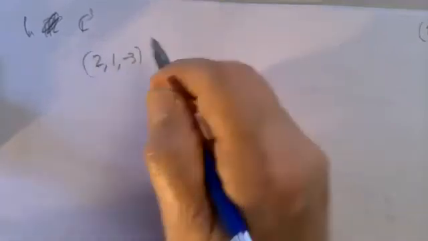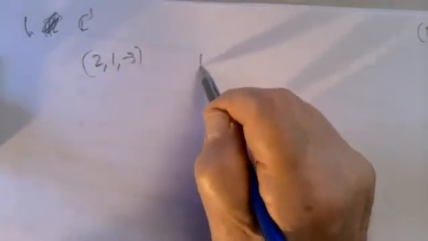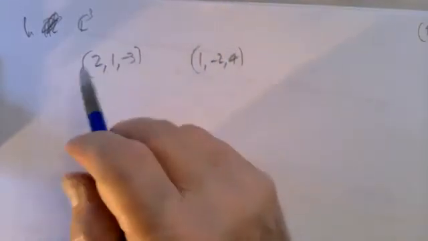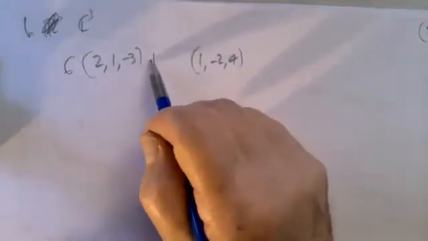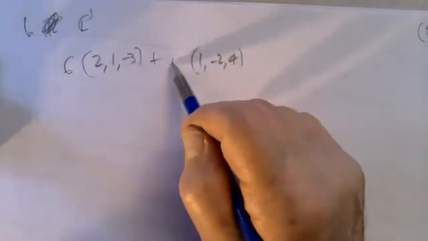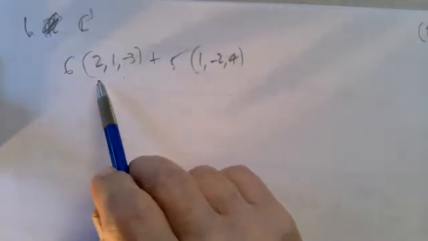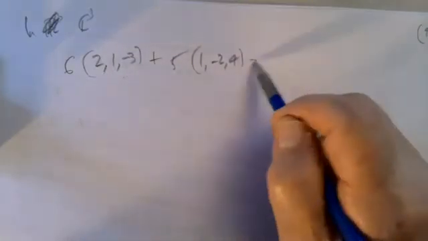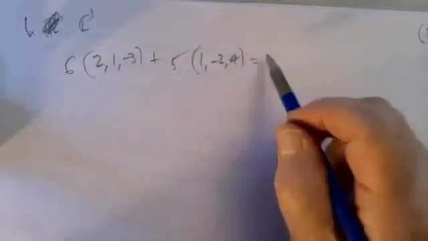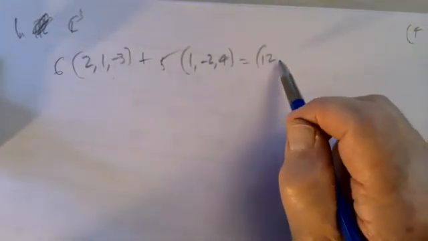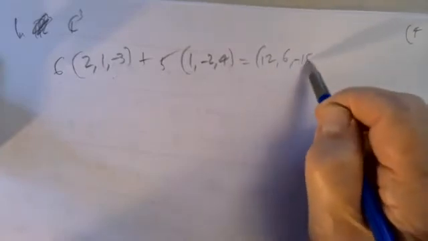Suppose I take the vector 2, 1, minus 3, and the vector 1, minus 2, 4. Let's say I multiply the first vector by 6 and the second by 5, and I add. So what is 6 times this vector? You multiply every coordinate by 6. You get 12, 6, minus 18.